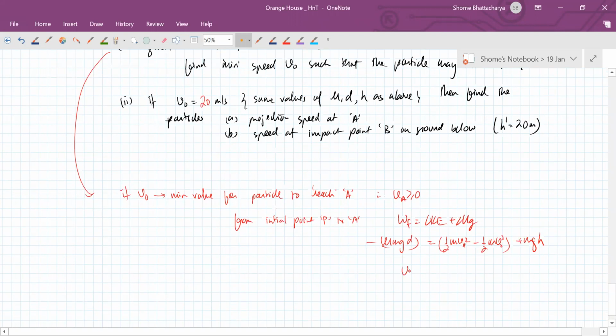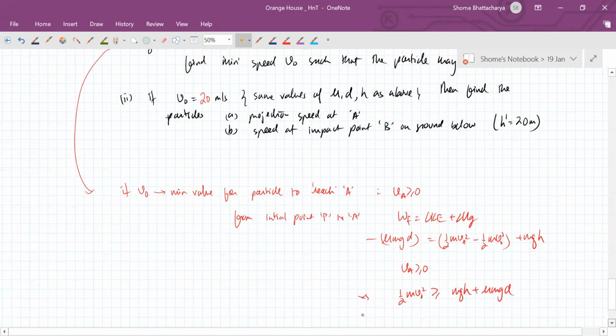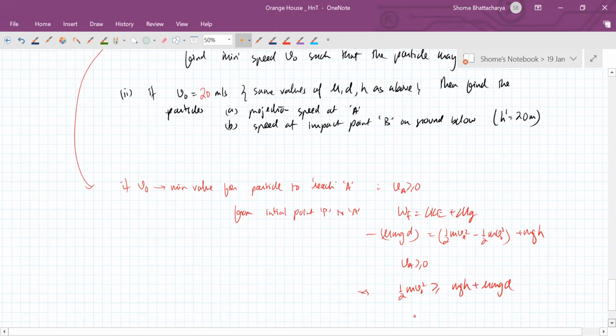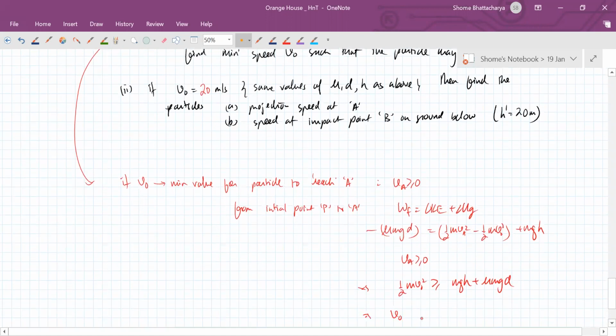So for vA to be greater than or equal to 0, half m v naught square should be greater than or equal to mgh plus mu mgd. That means v naught should be greater than or equal to square root of 2g into (h plus mu d).